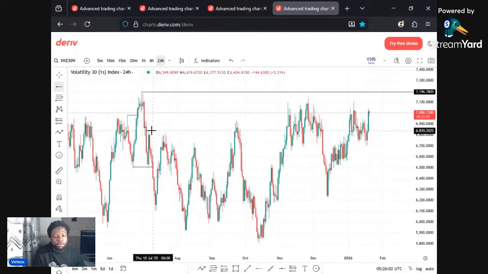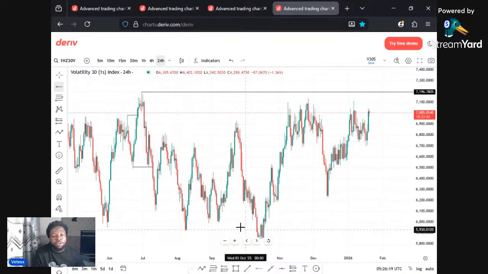Now, this was supposed to be the initial structural liquidity, but why are we not using it anymore? The reason is because this high was taken out by this, and then it swept and gave us our second break, it broke the low. Okay, now this becomes our structural liquidity.